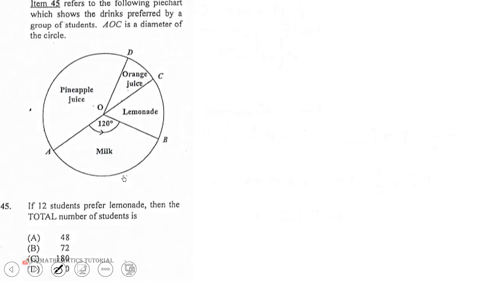Item 45 refers to the following pie chart, which shows the drinks preferred by a group of students. AOC is a diameter of the circle.